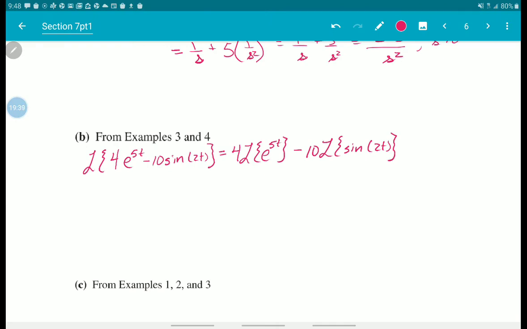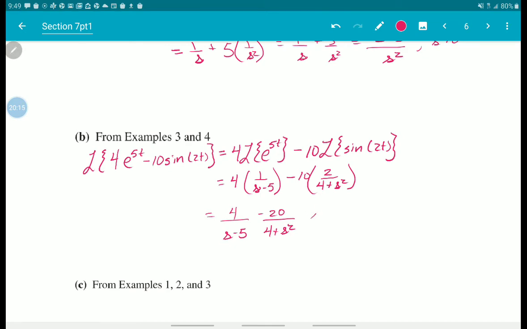All of this works because of our rules of exponents. We found this guy before. That was 1 over s minus 5. And this guy we just found, that was 2 over 4 plus s squared. I'm just going to clean it up a little bit. And we could get a common denominator if we wanted to. I'm not going to go there.